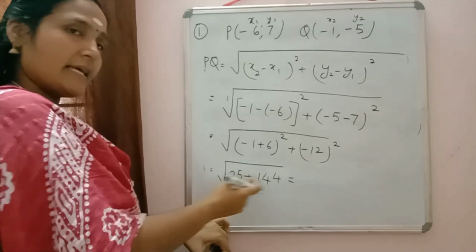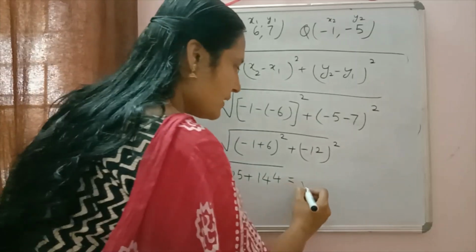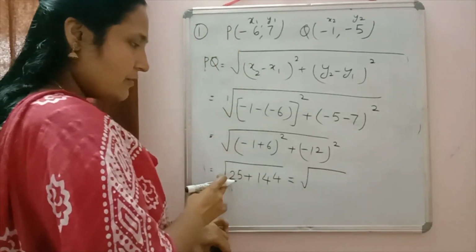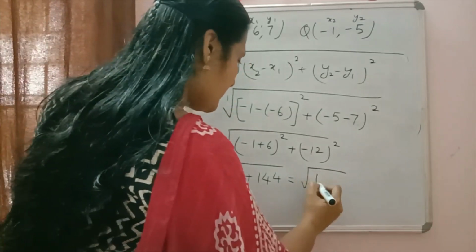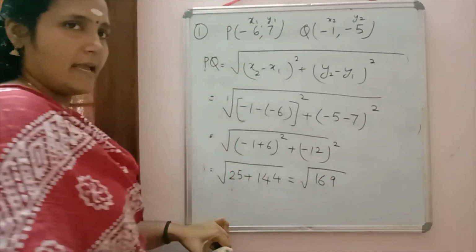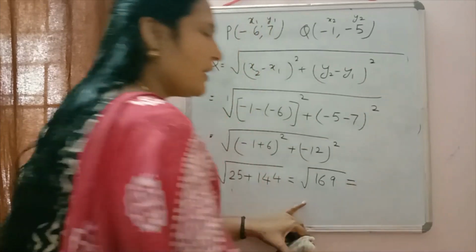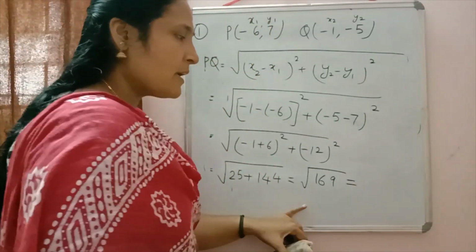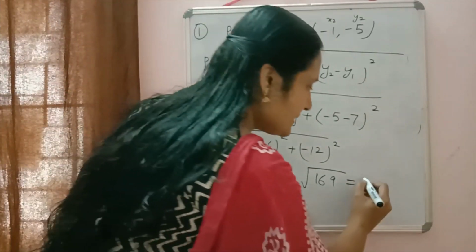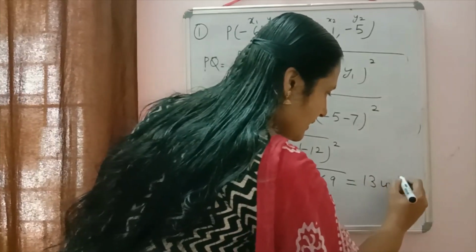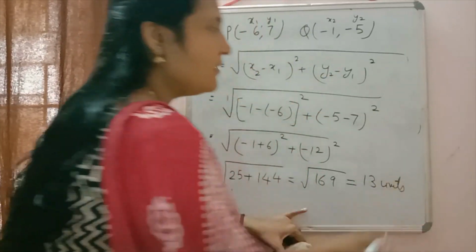If it is in multiplication we can write that. So add the two numbers. 144 plus 25 will be equal to 169. And if the square root is there for any number, you should write the square root of the number. And we know the square root of 169 is 13. So it will be equal to 13 units.